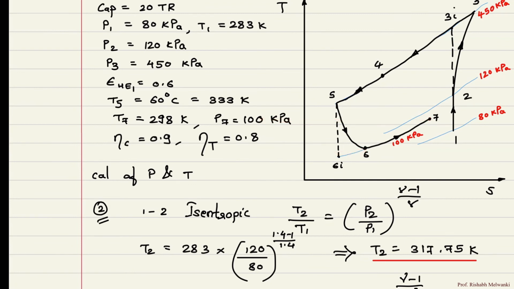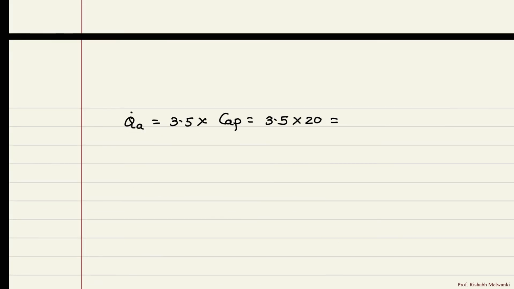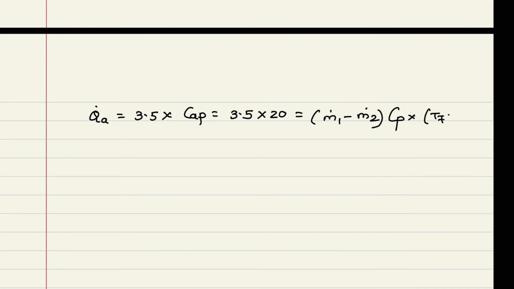So we can write m.1 minus m.2 into Cp of air multiplied by the temperature difference, T7 minus T6.